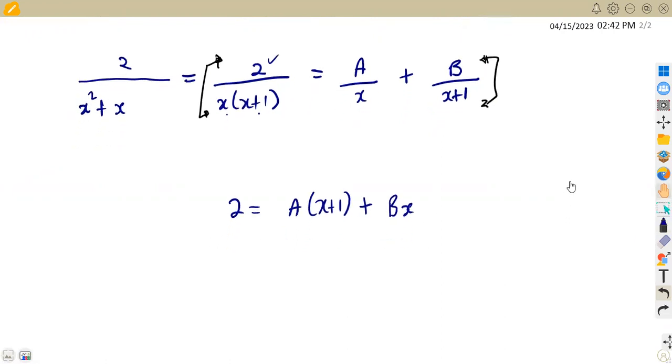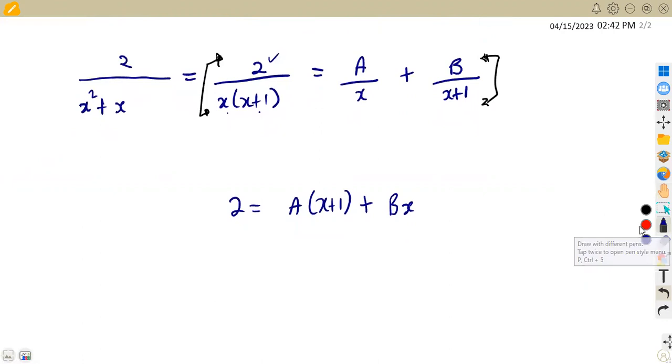All right, so this is where we are. Remember that we have to find the value of a and b, so we can equate x plus 1 to 0. That means x is going to be equal to minus 1. So when x is equal to minus 1, this whole part is going to be eliminated, because minus 1 plus 1, that's a 0.